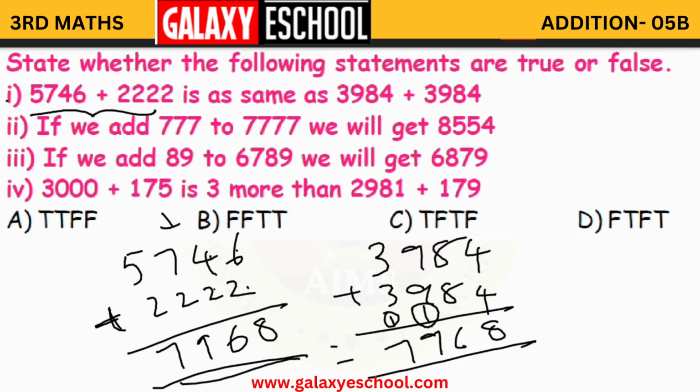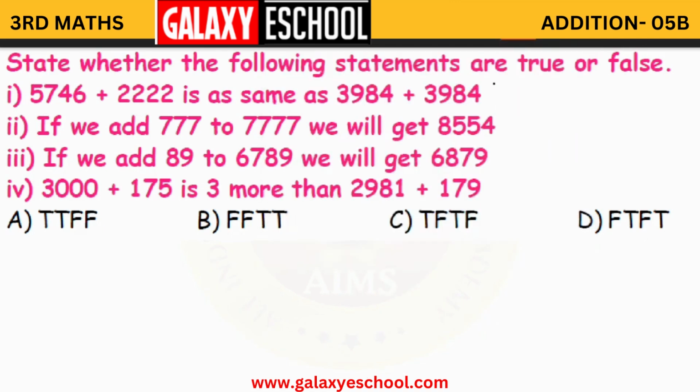So we know that option A, statement 1 is true. Statement 1 is true. Both the sums are equal. So statement 1 is true. Moving on to the next statement. If we add 777 to 7771, we'll get 8554.